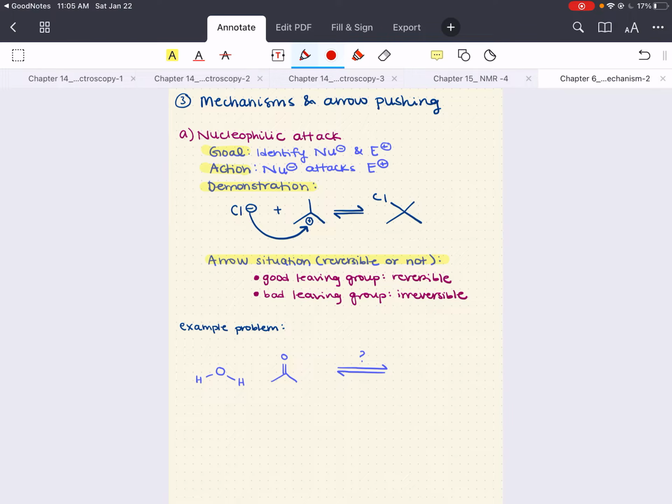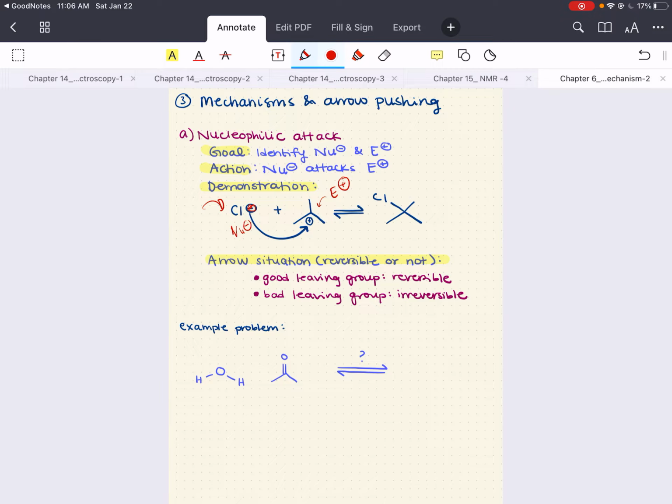In this demonstration, our chlorine with a negative charge is going to act as our nucleophile, electron dense, and it's going to attack this electron deficient atom with a positive charge. This acts as our electrophile. So we've identified our nucleophile and electrophile.